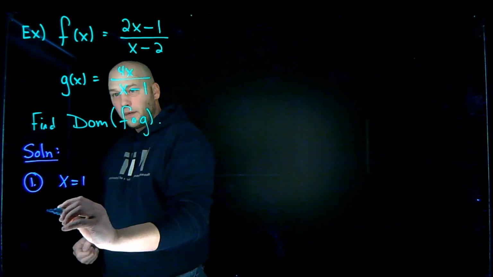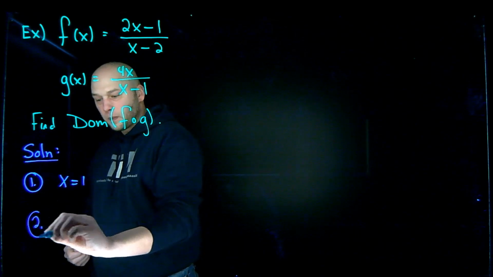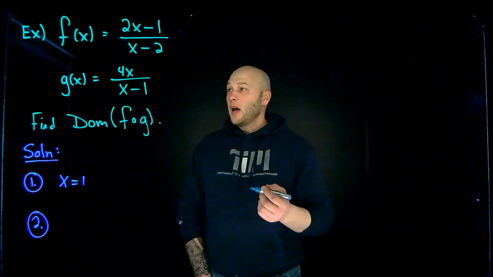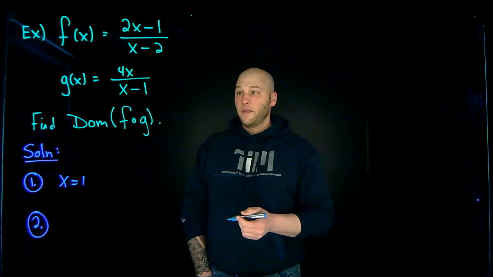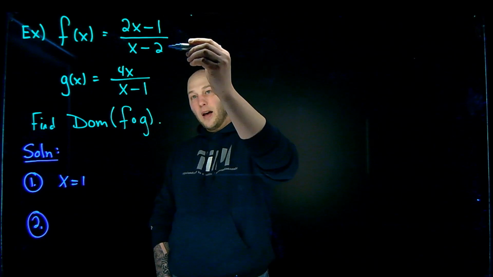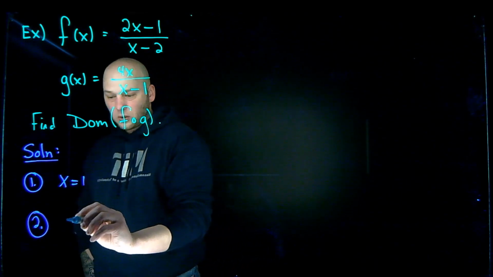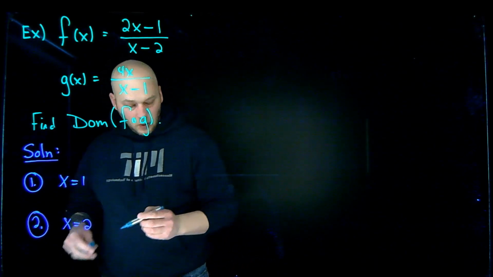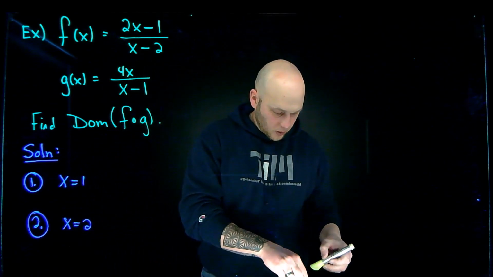And then for step 2, I have to identify any invalid inputs for the function f. Well, for the invalid function values for f, notice I can't plug in 2. So this would be x is equal to 2. Let me put this up here as a reminder.